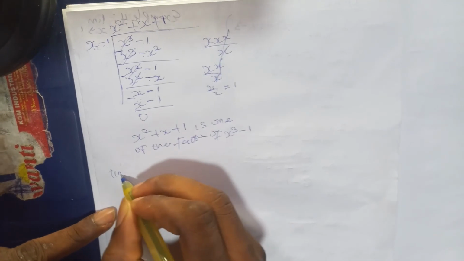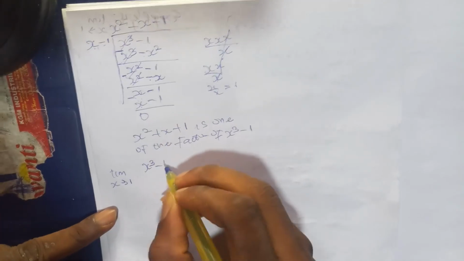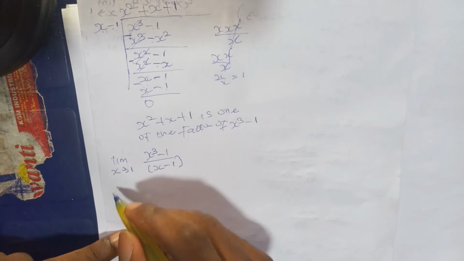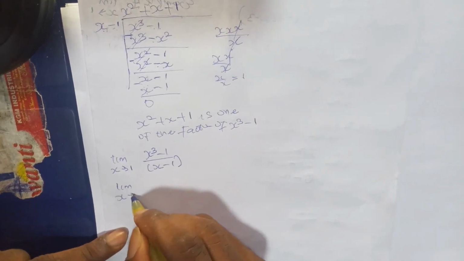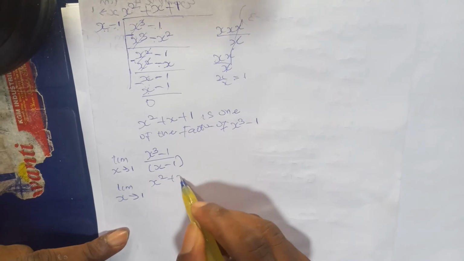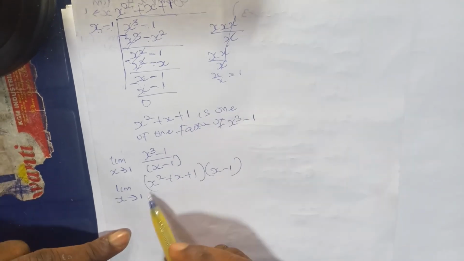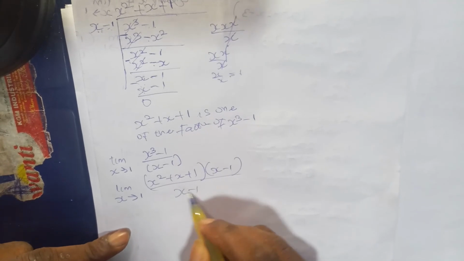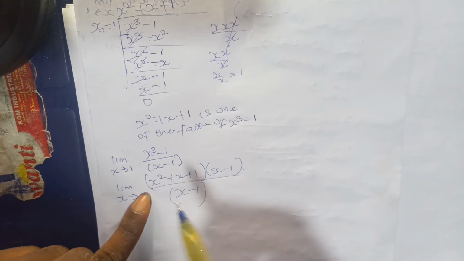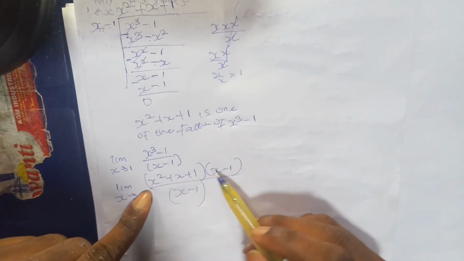So lim x approaches 1, x cubed minus 1 divided by x minus 1 can also be written as lim x approaches 1, open bracket x squared plus x plus 1 close bracket, open bracket x minus 1 close bracket, divided by x minus 1.